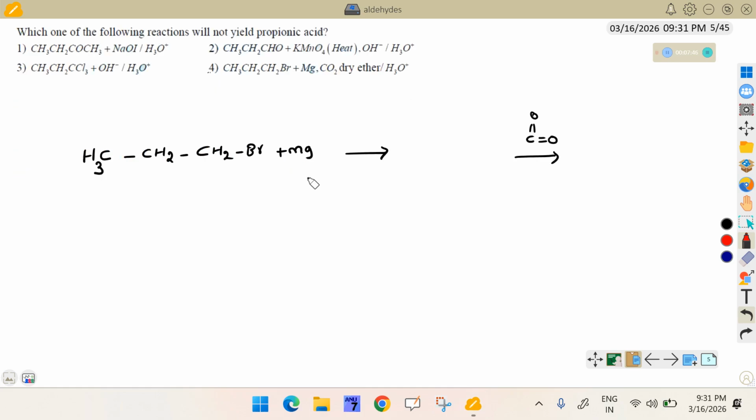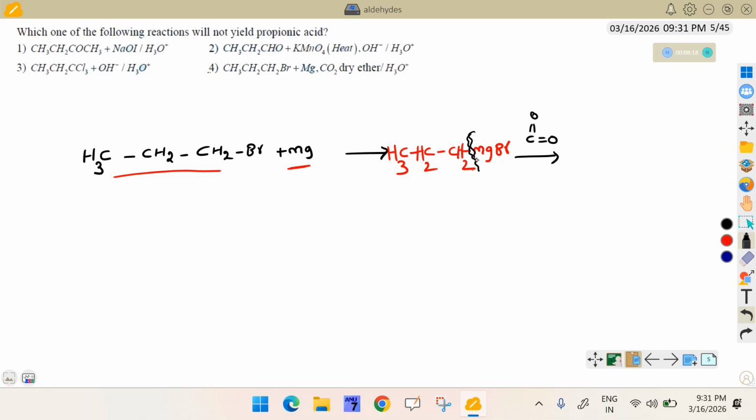See the next question. Which one of the following reactions will not yield propanoic acid? This is an alkyl halide. Alkyl halides react with magnesium, then it gives a Grignard reagent, CH3CH2CH2MgBr. Now the Grignard reagent reacts with carbon dioxide.